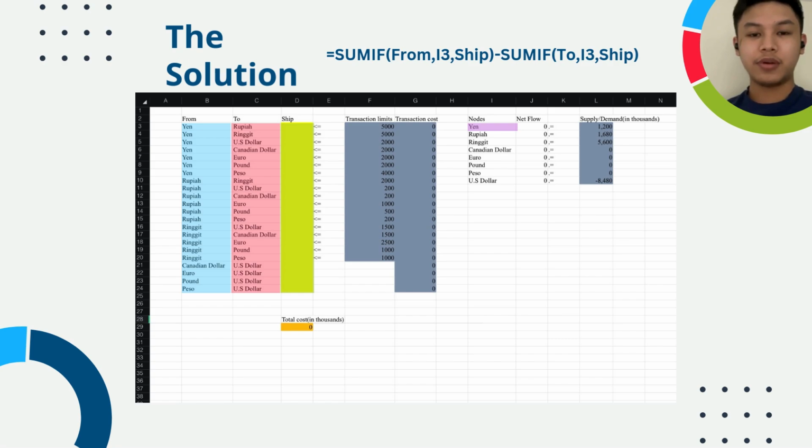So for the net flow, we will use the formula SUMIF, select the from column, comma, and then select the node, comma again, and then select the yellow variable cell, minus SUMIF, select the to column, comma, select the node again, comma, and then select the yellow variable cells. We will do the same formula for the rest of the nodes.